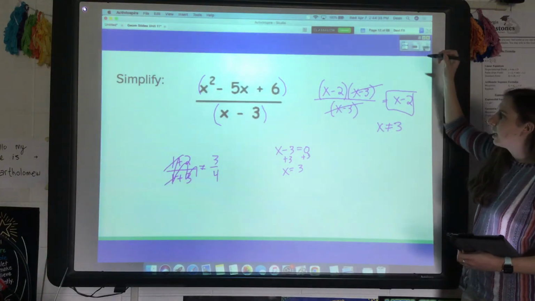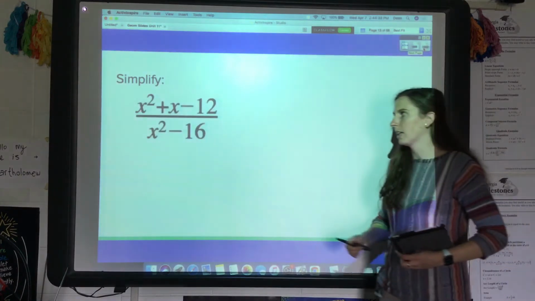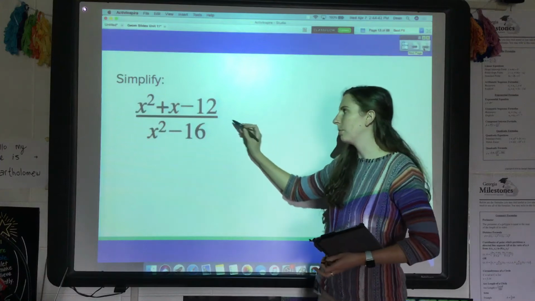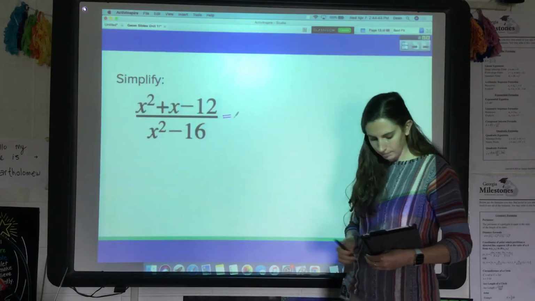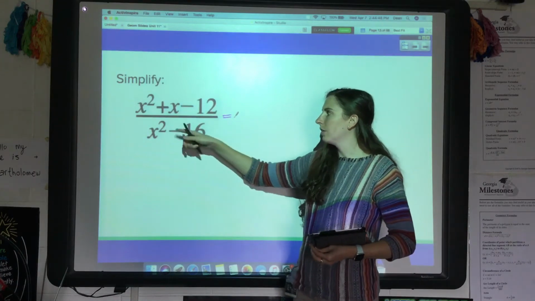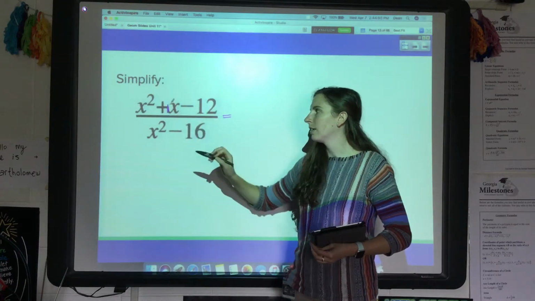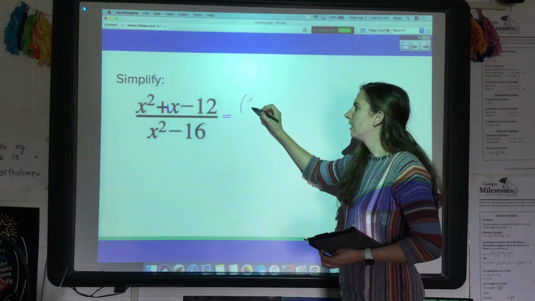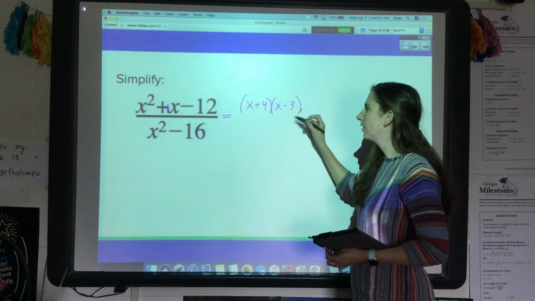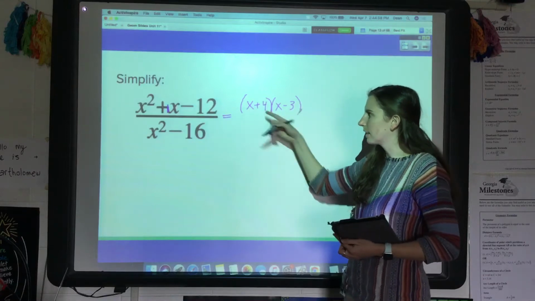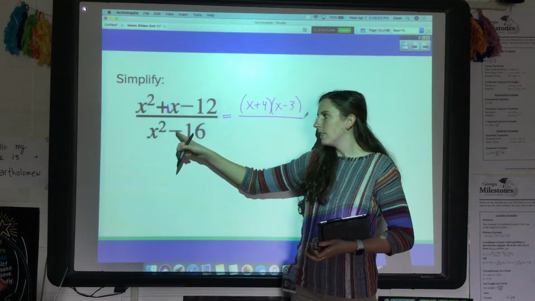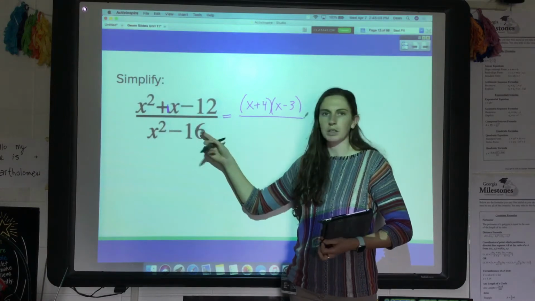All right, so let's try another one. Again, you can't just cancel these x squareds, but if we factor, maybe we can cancel some things. So what multiplies together to give me -12 and adds to give me 1? That would be x plus 4 and x minus 3. On the bottom, this is the difference of 2 perfect squares.